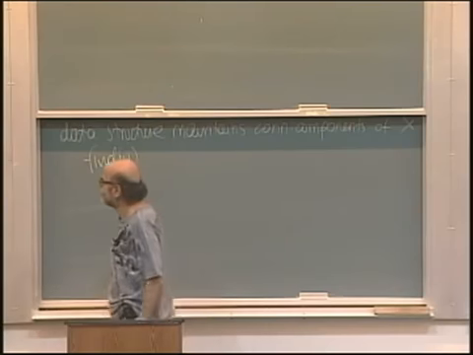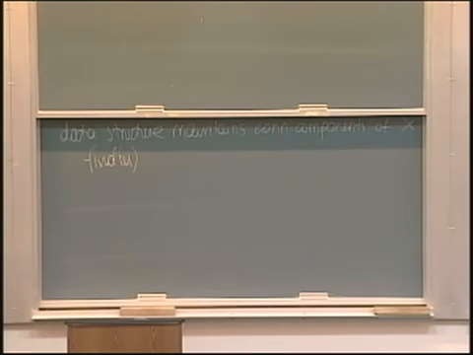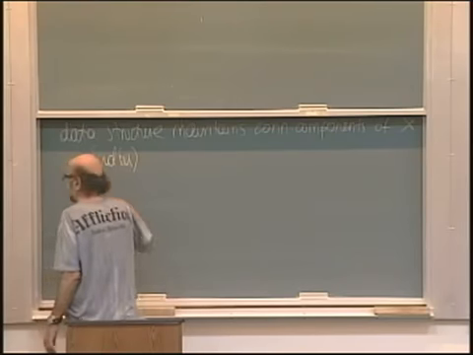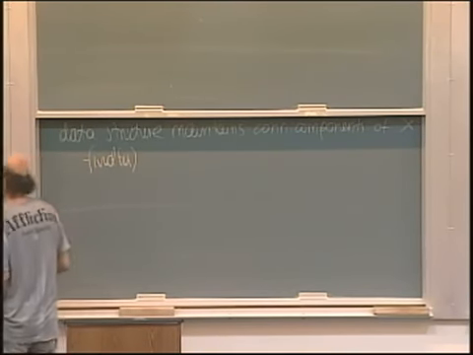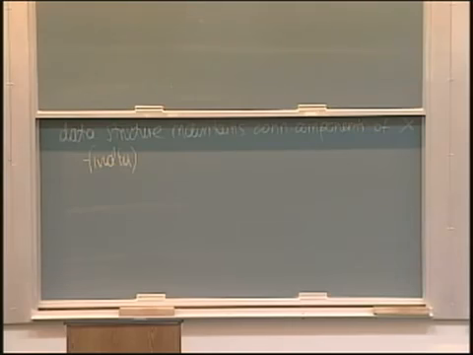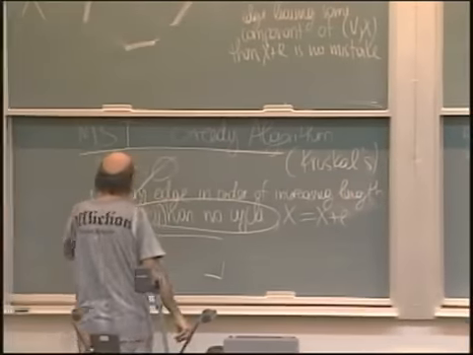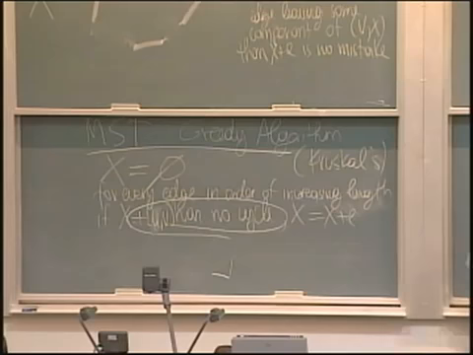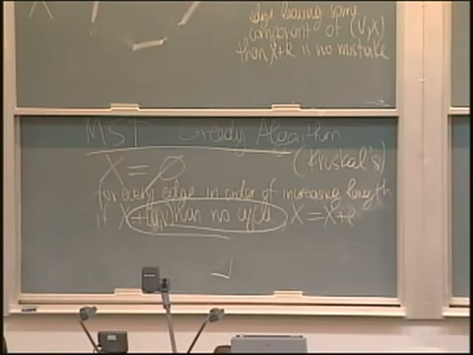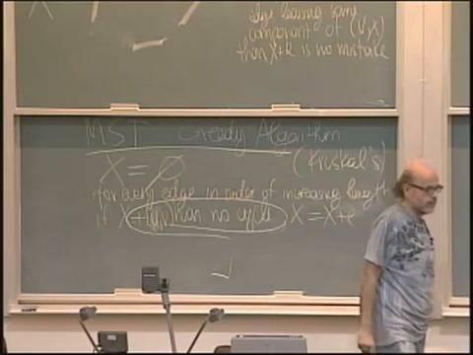So for example, if X plus e has no cycle, imagine that e is uv. It says find of u is different from find of v.